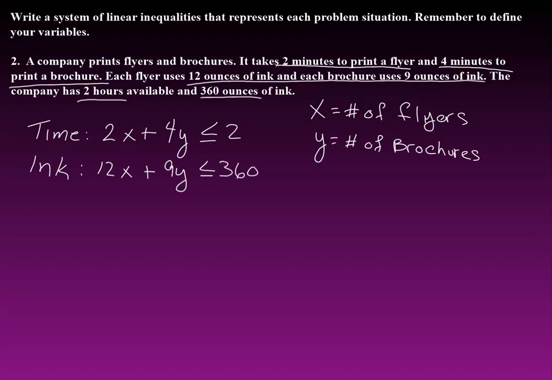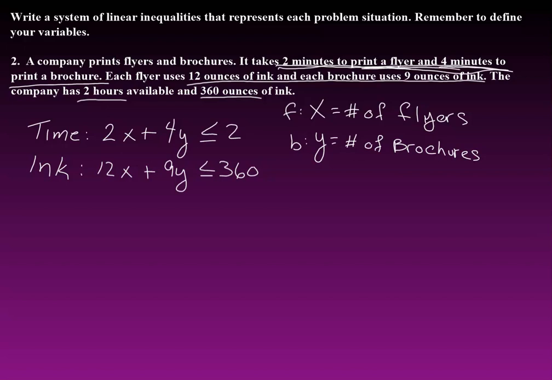All right, so I defined x as my flyers. You could have used something like F, because flyers start with F, and B because brochures start with a B, if you wanted to do different letters, but I used x and y. My first one had to do with time, and we had 2 minutes for flyers and 4 minutes for brochures.